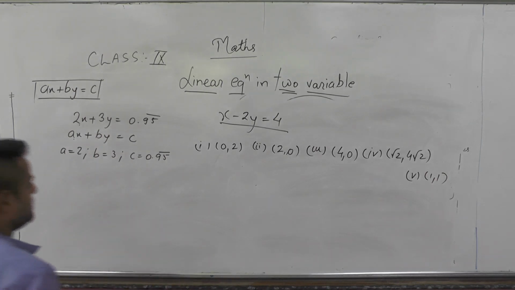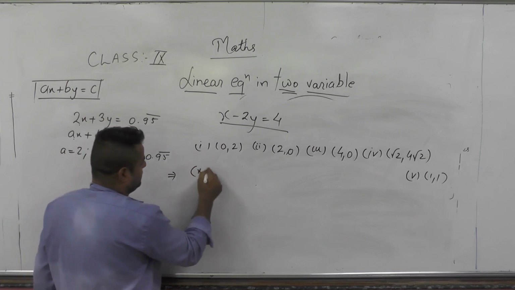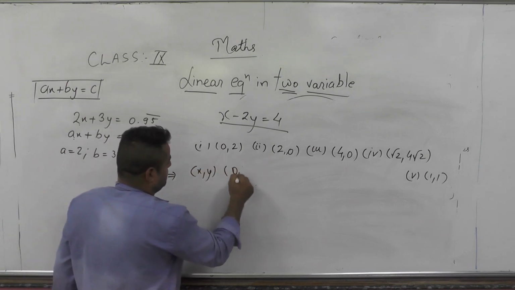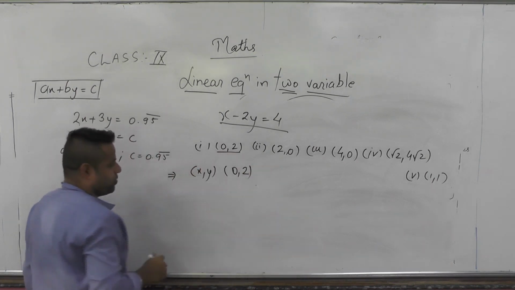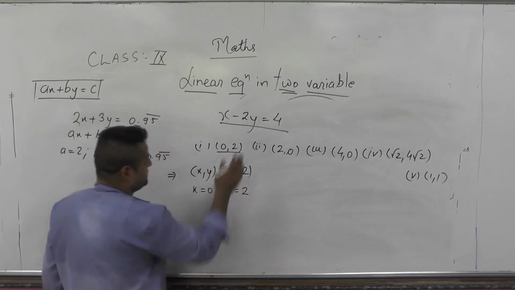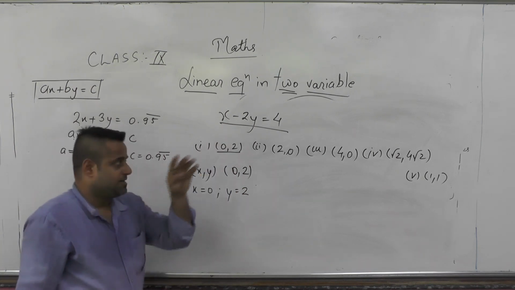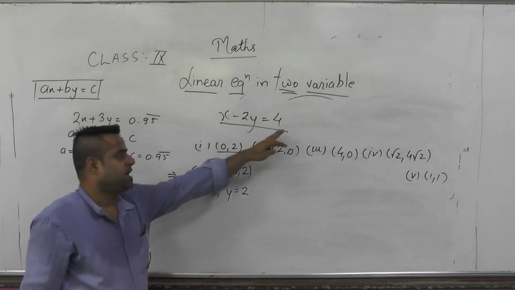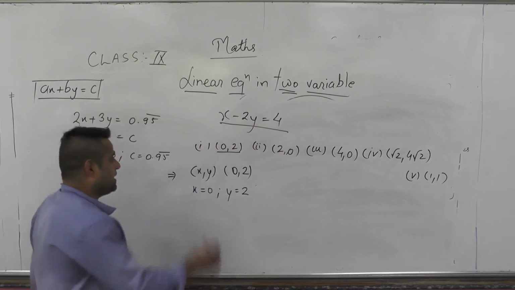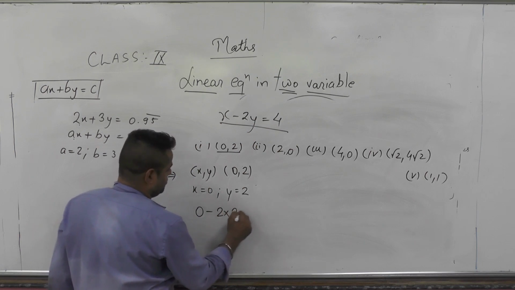What you need to do is always compare the points as x, y. So by taking the first point, our x will be 0 and our y is 2. Now just keep the values on the LHS and see whether the RHS will come or not. I am keeping x value 0 minus 2, y value 2.